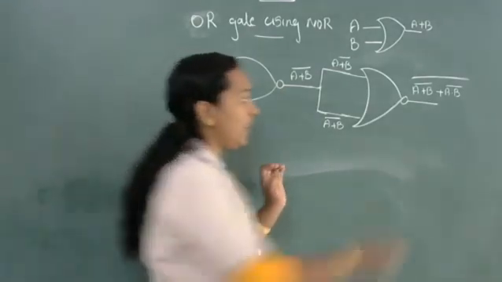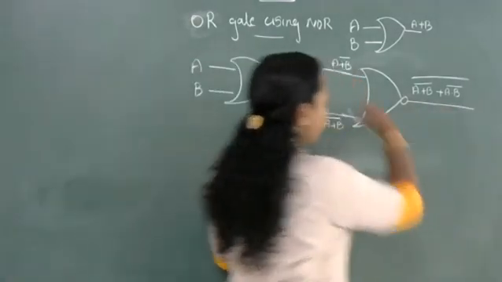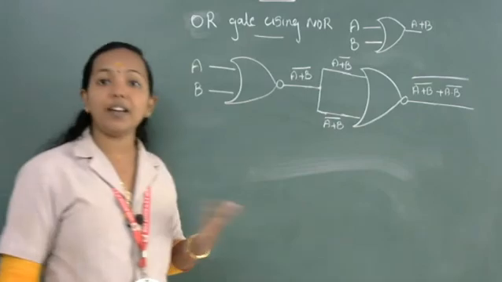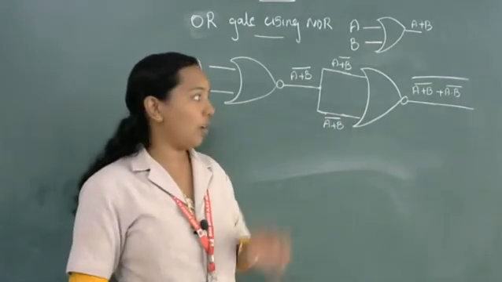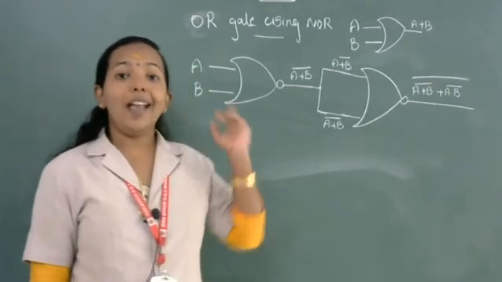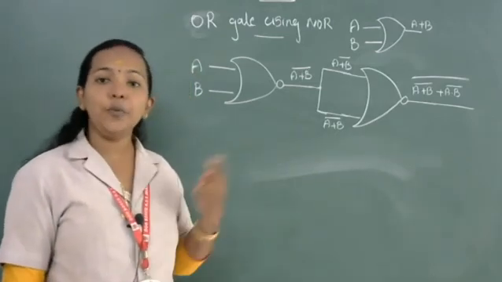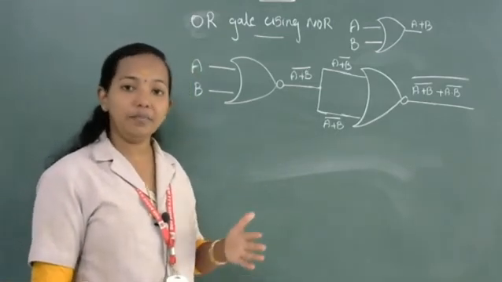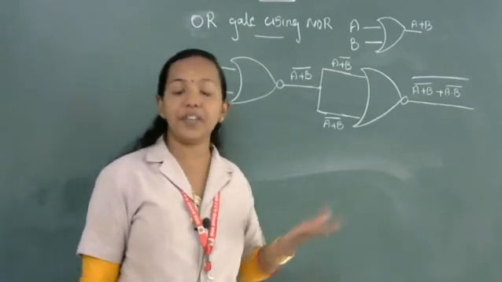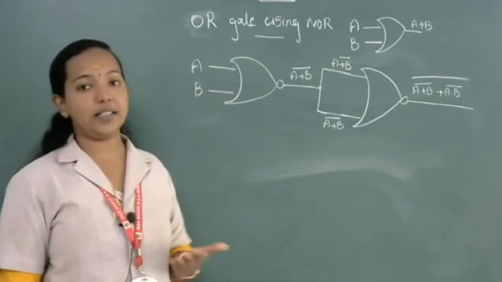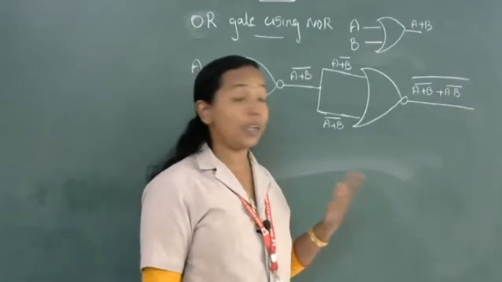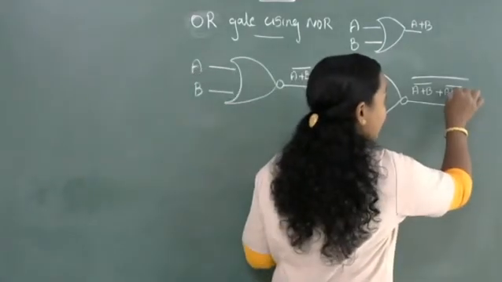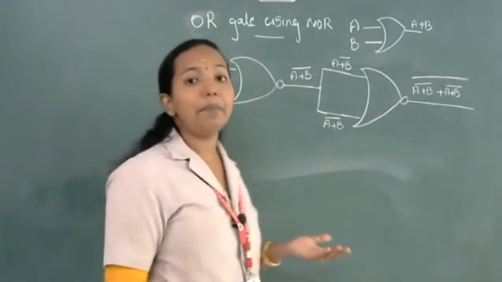Because there are two inputs, both being (A plus B) all complement. Then you know x plus x is equal to x. If two inputs are the same and we add them, we get the same input as a result. So (A plus B) all complement plus (A plus B) all complement is equal to (A plus B) all complement itself.